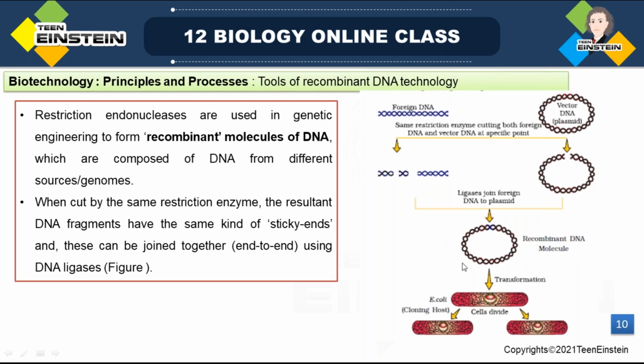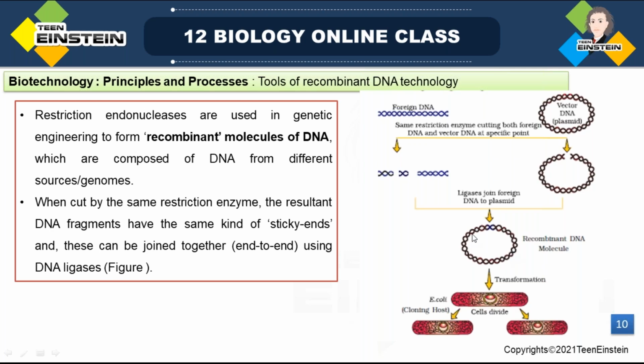Okay, with the help of that vector, the DNA which has the desired gene will get joined with this vector, and then it is transferred into a host organism. Inside the host organism it will get transferred. Okay.